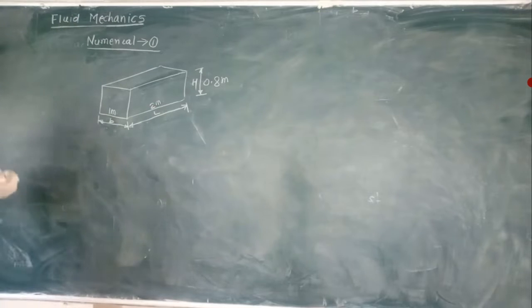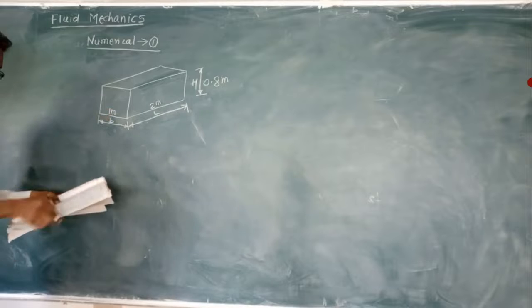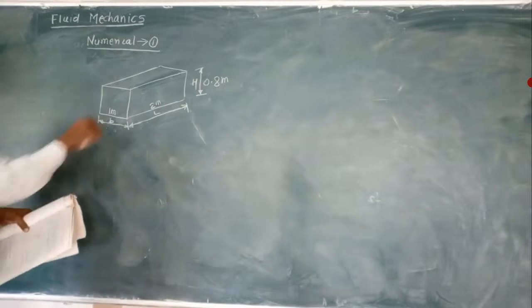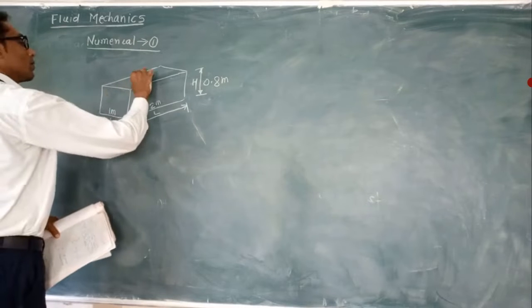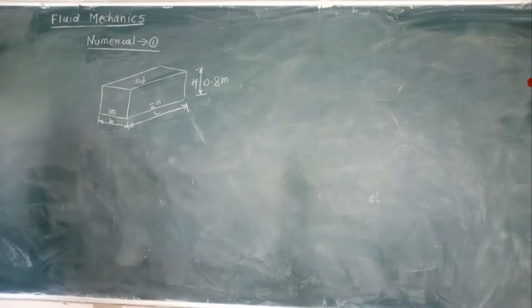Okay, so here the orientation is given in this way, that 2 meter by 1 meter is parallel to the water surface, means this surface which I have marked on the top.